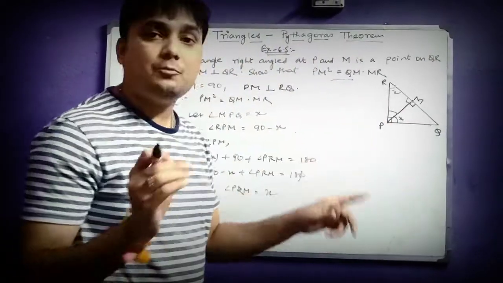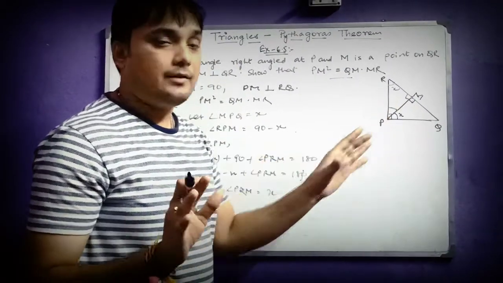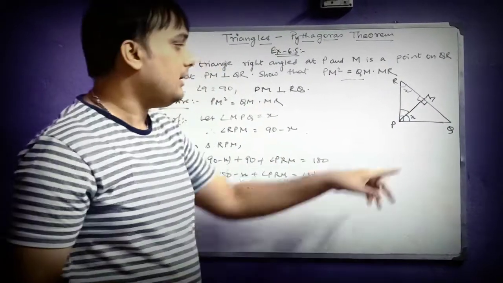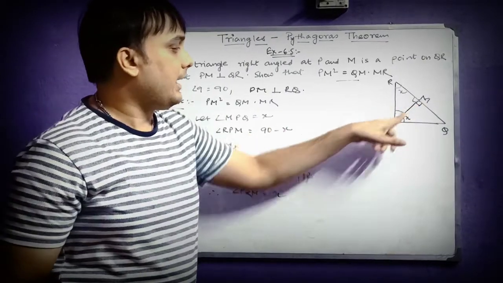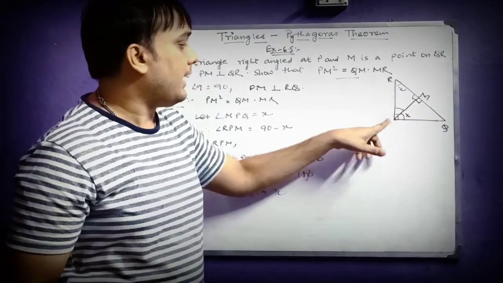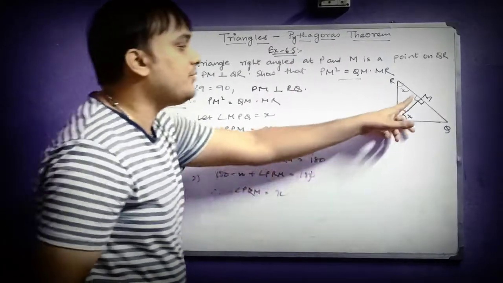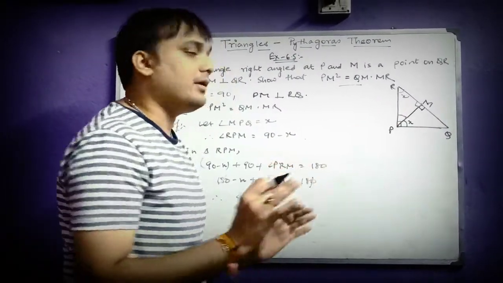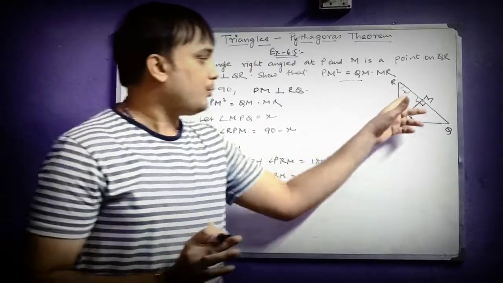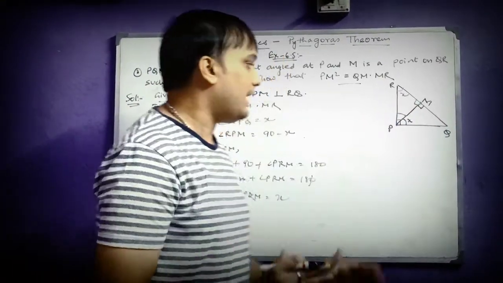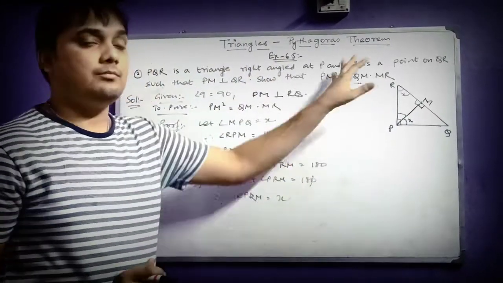But I have only one, which is 90 degrees. So for getting the other equal angle, I have assumed this angle MPQ be x, and then angle PRM will also be x, as I have proved here. Now we can easily prove these two triangles similar. Our main motive was to prove these two triangles similar only, so that we can get the to prove statement.